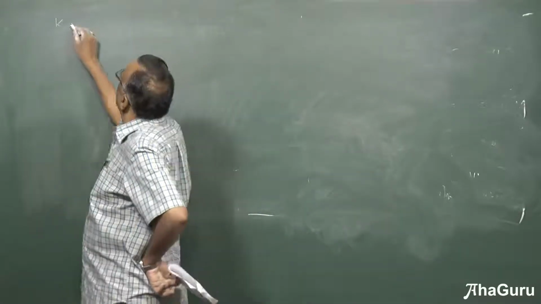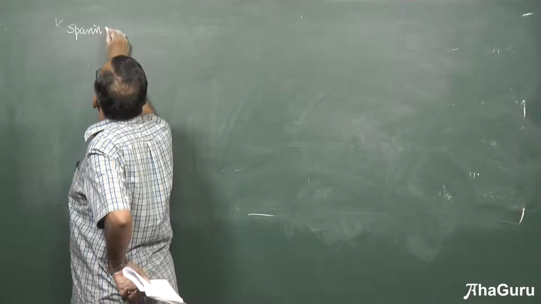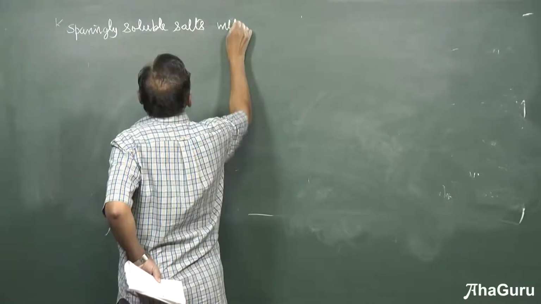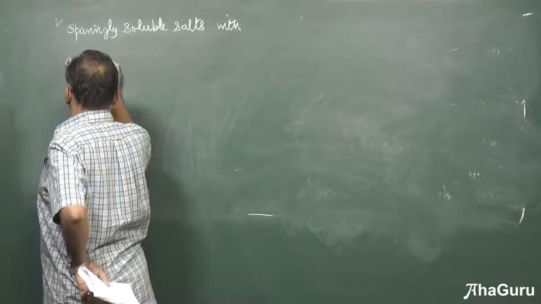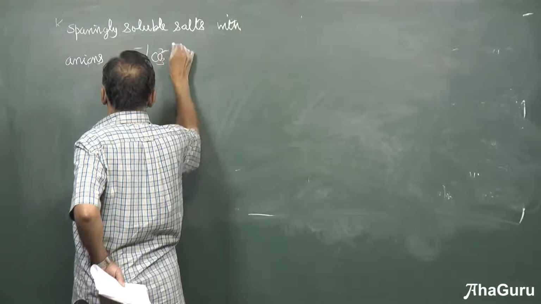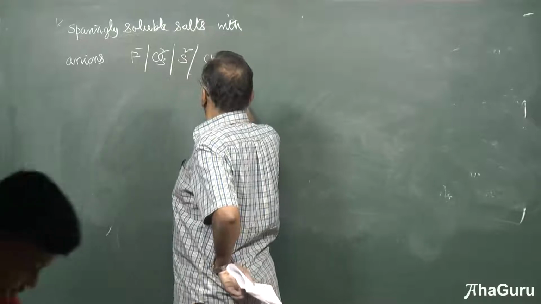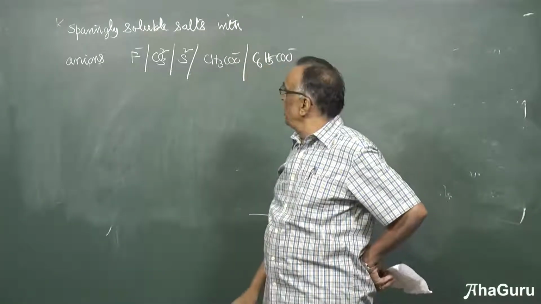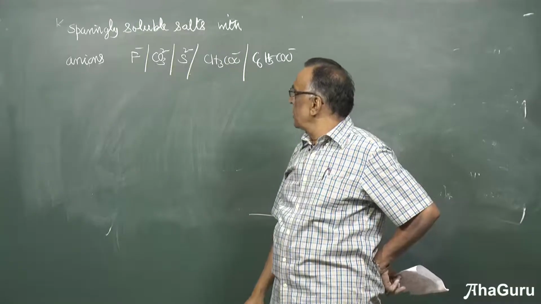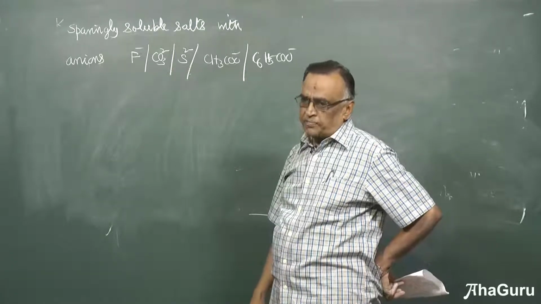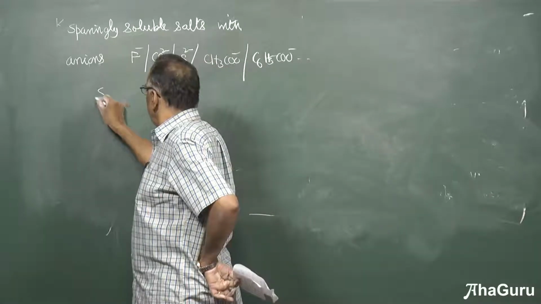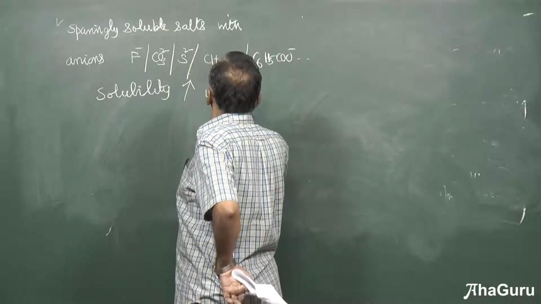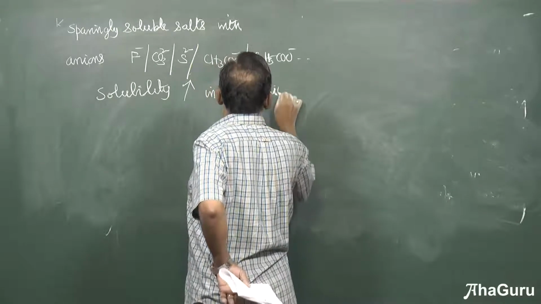Now, the solubility of sparingly soluble salts with anions like fluoride, carbonate, sulfide, acetate, benzoate, etc. increases in acidic medium than in water.